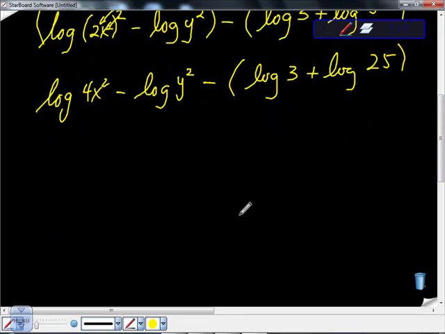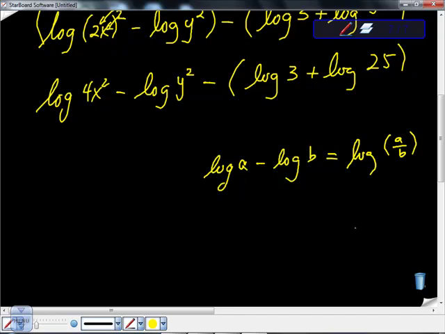The next rule I'm going to use says that log of a minus log of b means log of a over b.